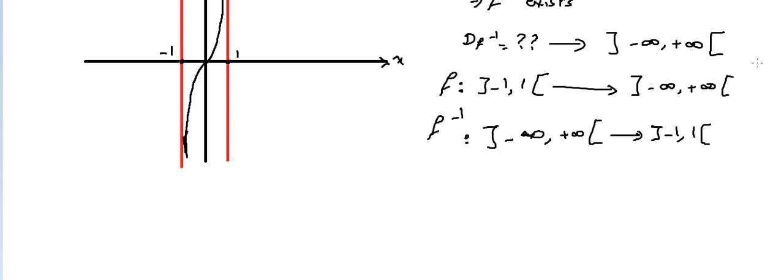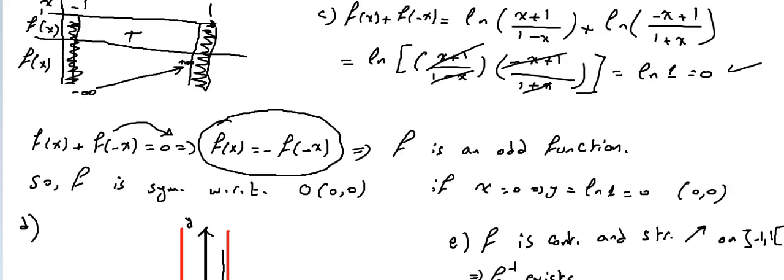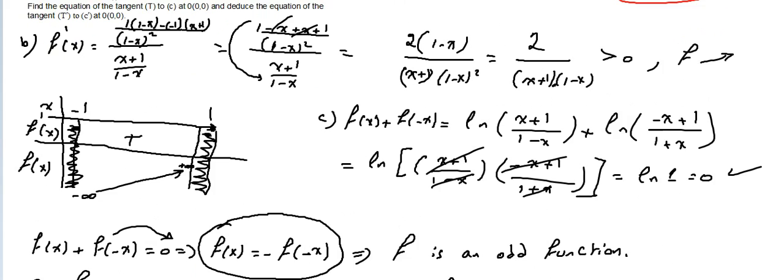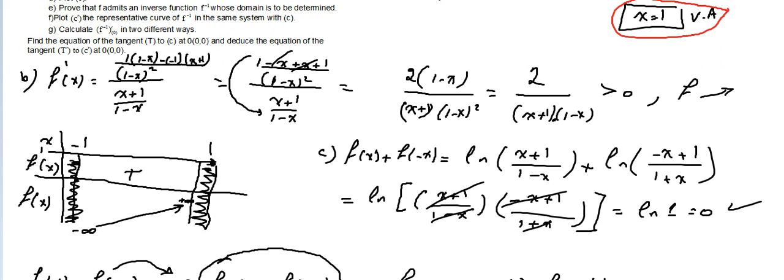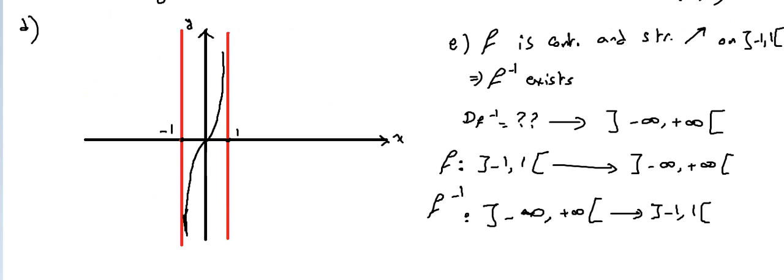What else do we have? We have part F and G: plot C prime, which is the representative curve of f inverse, in the same system as C. It's just on the graph.